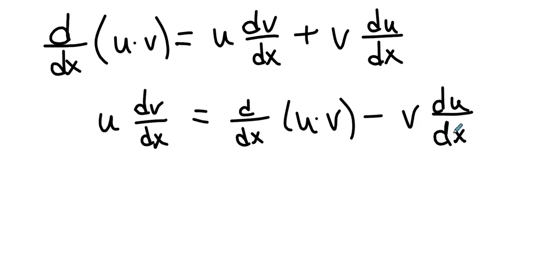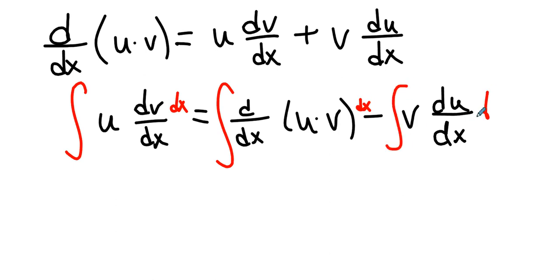Well, what I'd like to do is take the integral of both sides of this equation, dx. So we'll take the integral of both sides of the equation with x as our variable of integration. Well, what does that leave us with?